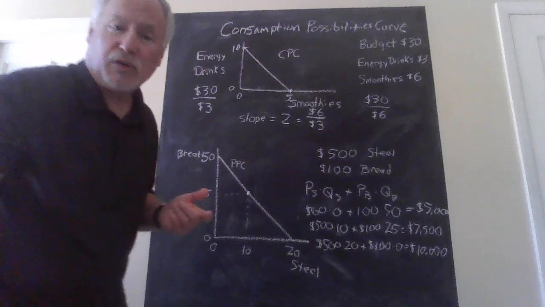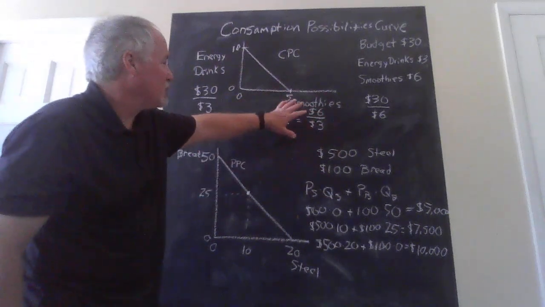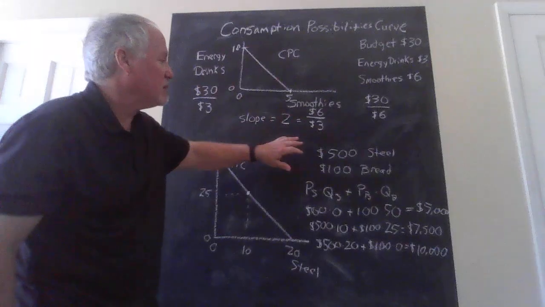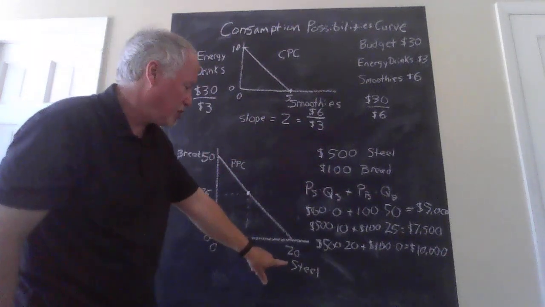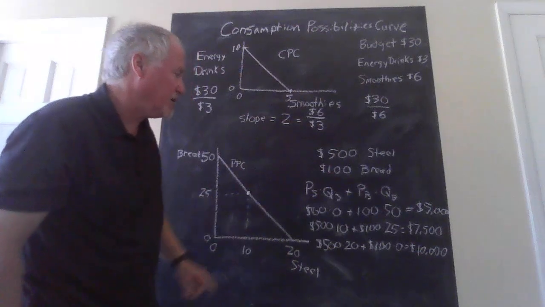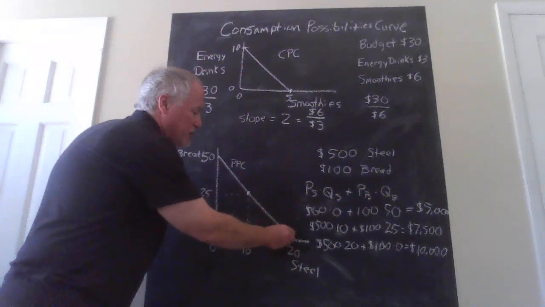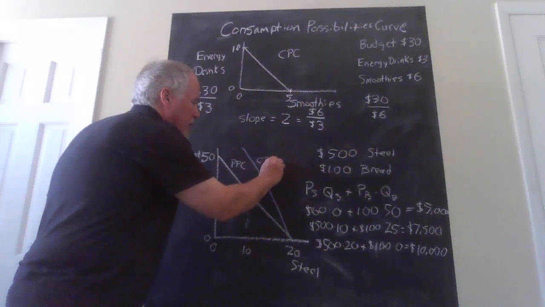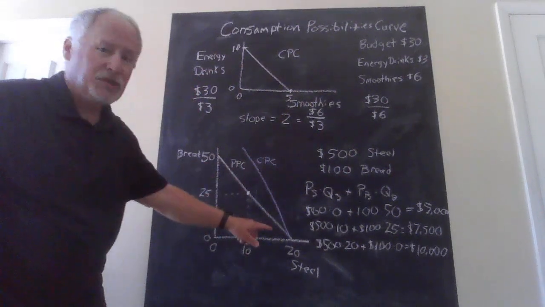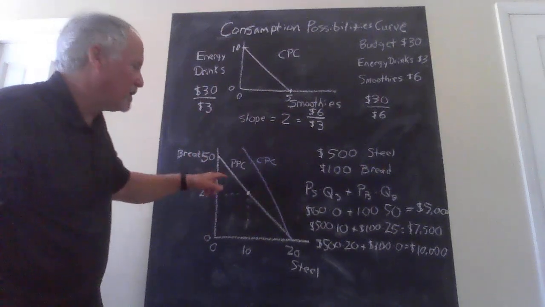Now, if you want to think about graphically what's happening here, I said up here that when you have a consumption possibilities curve, the slope is the ratio of the prices. It's actually the ratio of the price of this good here in the numerator. So the slope of this consumption possibilities frontier would happen to be 5. And then the slope of this PPC, if you want to calculate, it's 50 and 20. That would end up to be 2.5.